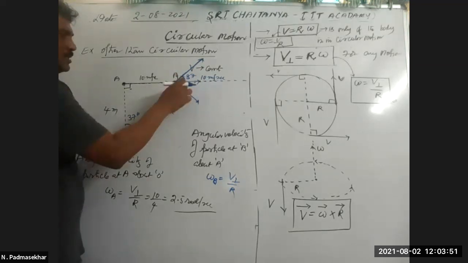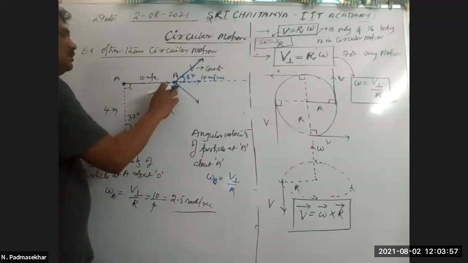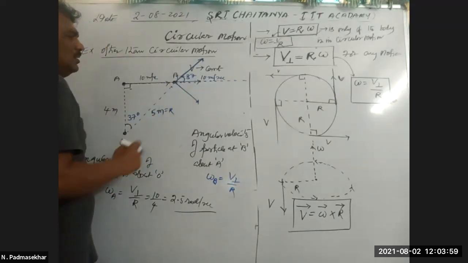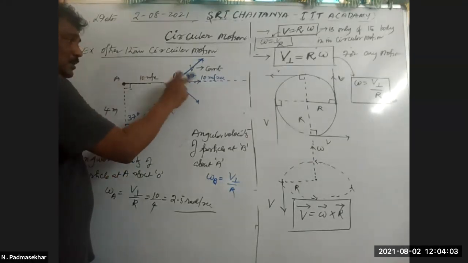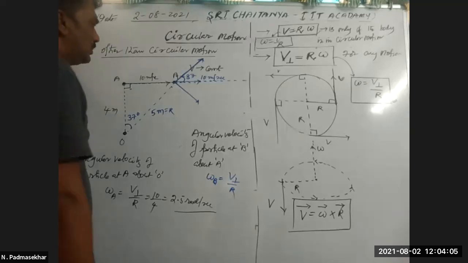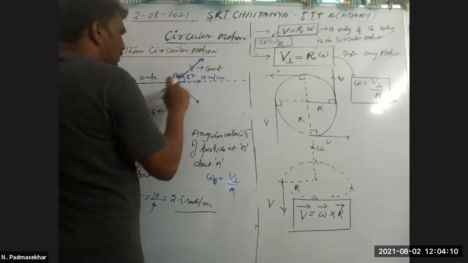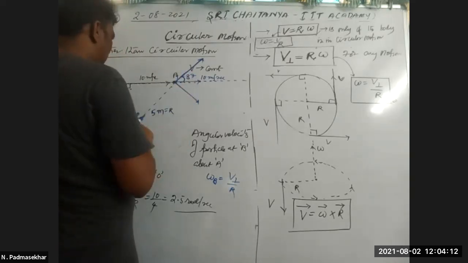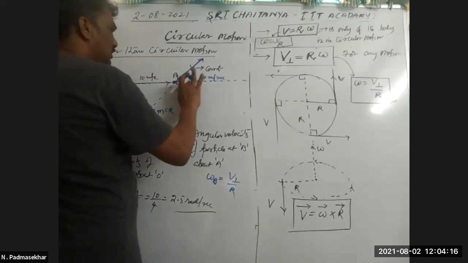It is 53 because this is 90 degrees. And what is this? Come on, tell me here. This 10 can be resolved into components. So what is the component? So this is 37, and here it is not 37.